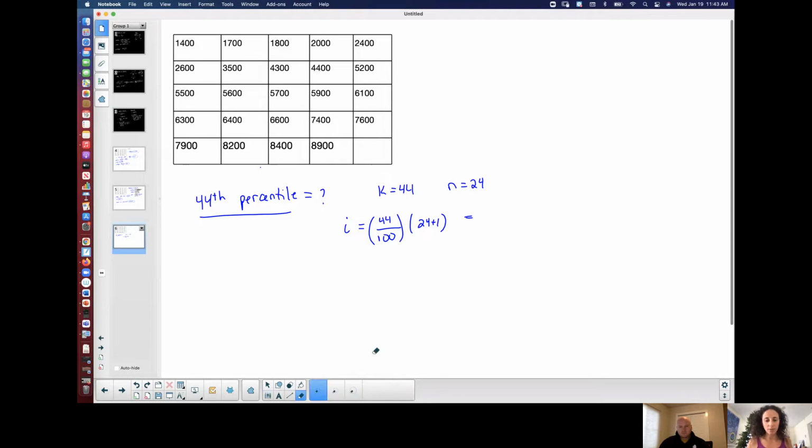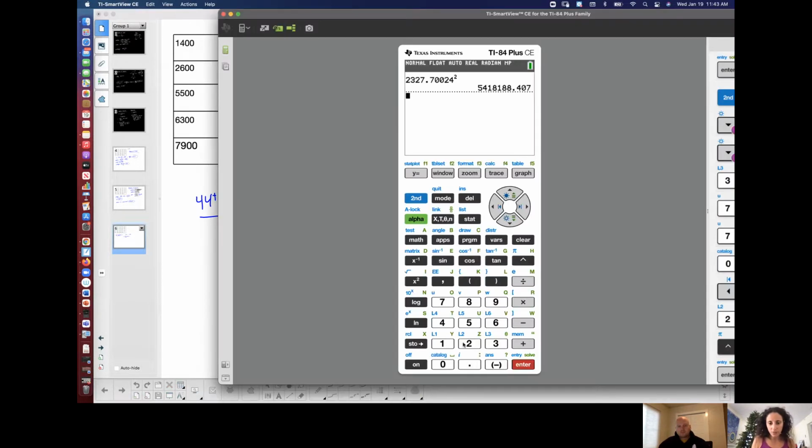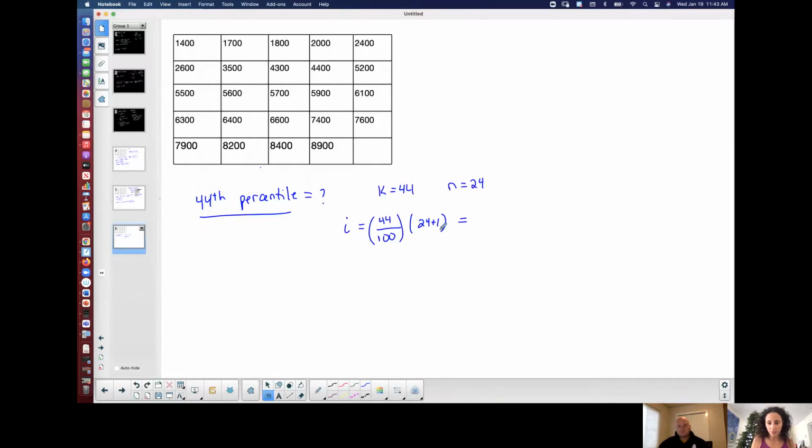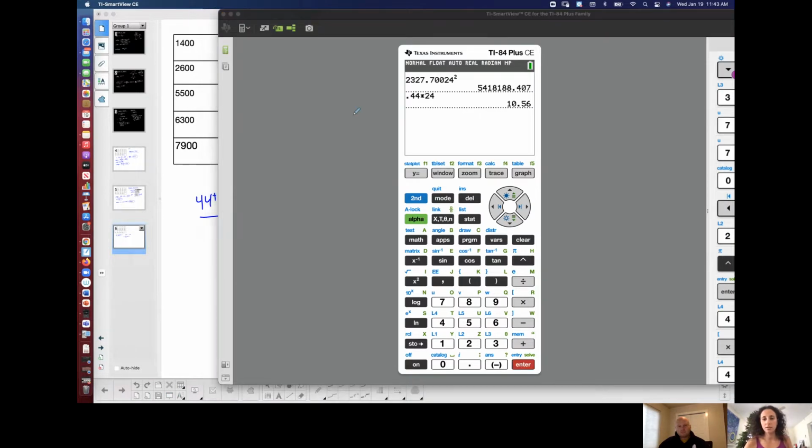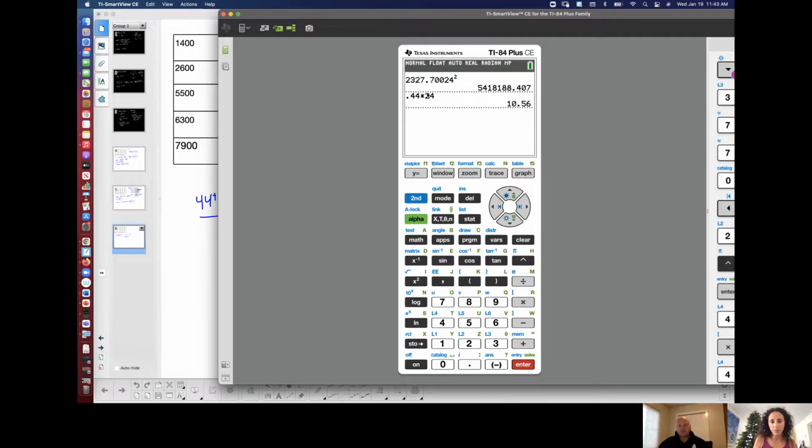I could go straight to my calculator with this, but I'm going to show my work too so you guys can see it. So 44 over 100 is 0.44. And I'm basically multiplying that by 25. Oops, I accidentally put 24 here.